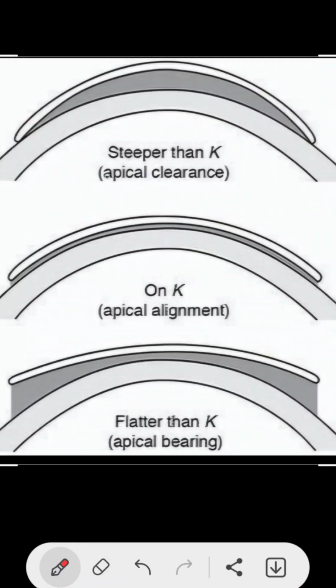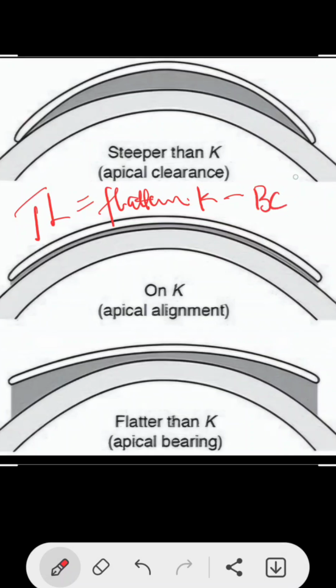When we did over refraction, I said for you to get your tear lens, the formula is tear lens equals the flatter meridian, or the flatter K, minus the base curve. So this is the formula for you to get your tear lens.